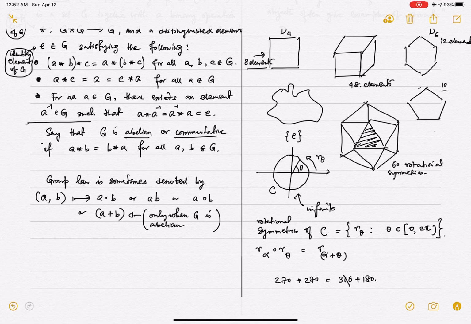And this 360 goes away because it's 2 pi, so it's just 180. That's the group law. So alpha plus theta, mod 2 pi. So the remainder after you take away enough 2 pi's. That's basically the group law, but it's now an infinite group.